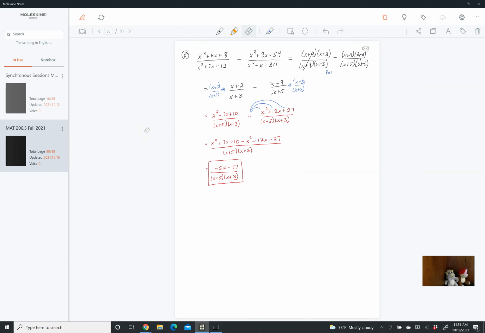So we factor. We found the common denominator. We multiplied the numerators.